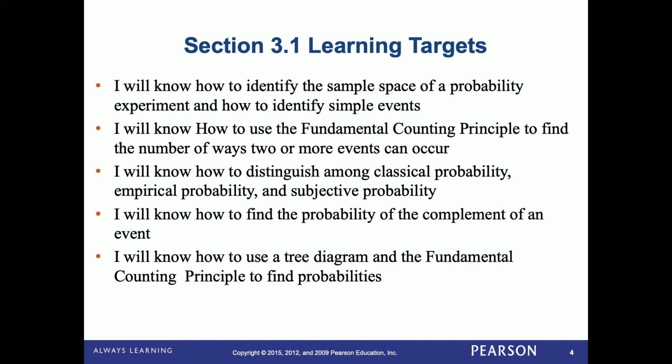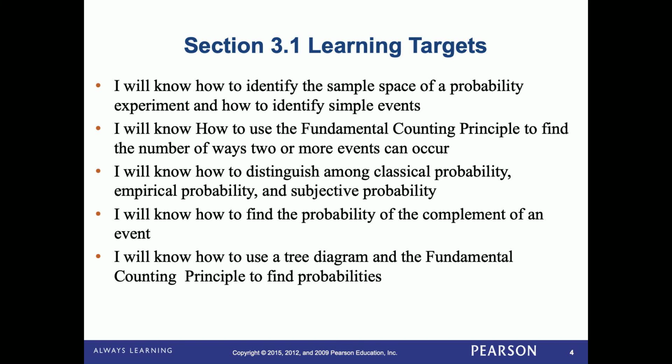All right, so our learning targets today are: I will know how to identify the sample space of a probability experiment and how to identify simple events. I will know how to use the fundamental counting principle to find the number of ways two or more events can occur. I will know how to distinguish among classical probability, empirical probability, and subjective probability.